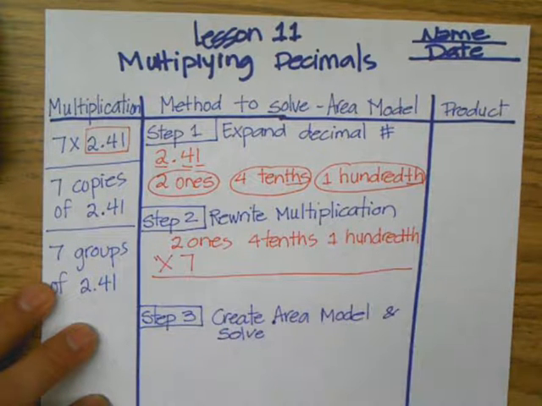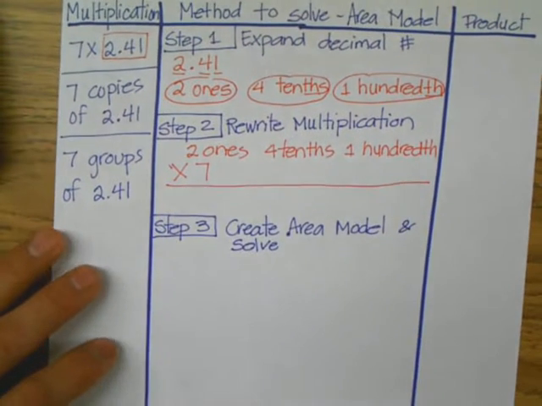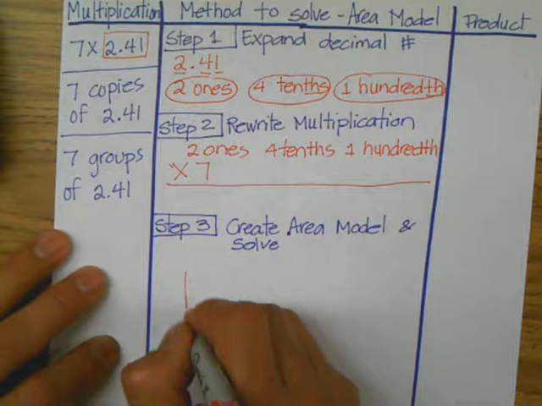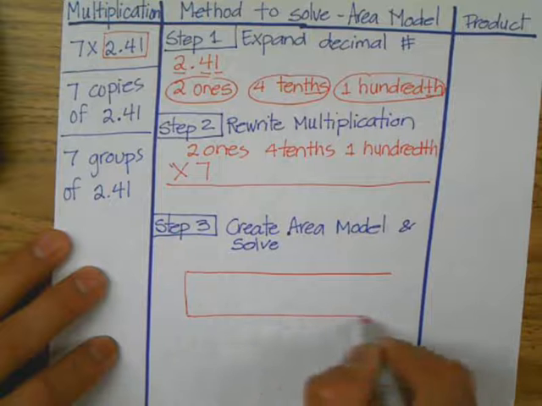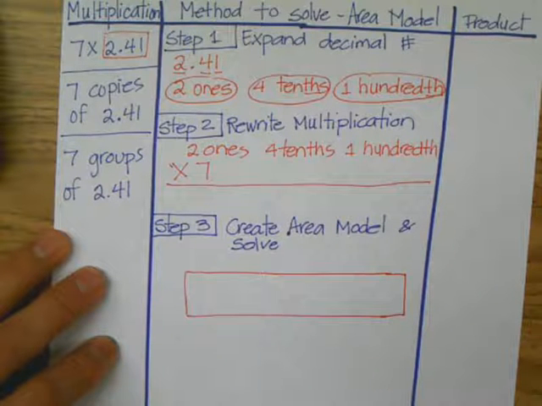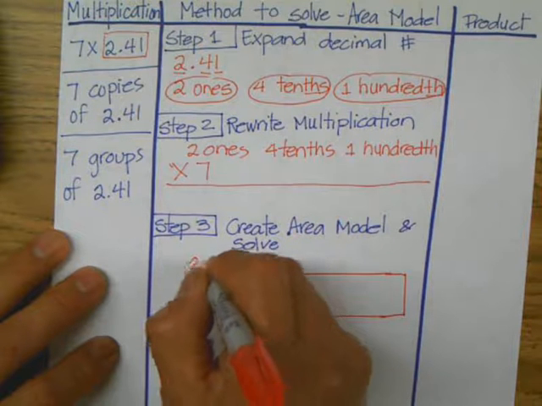Now, once we've done that, then we have to create the model for this multiplication. So here's how you create a model for this. You draw a rectangle with a pretty big area. The first number is 2 ones, so 2 ones is going to be written right here.